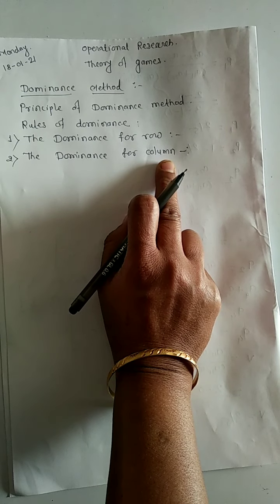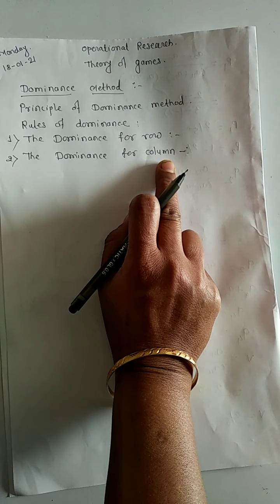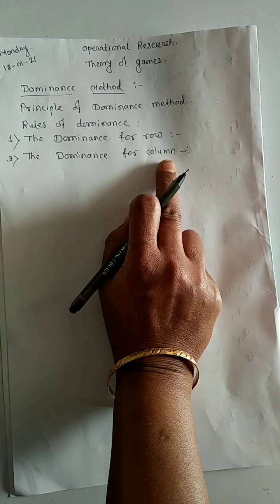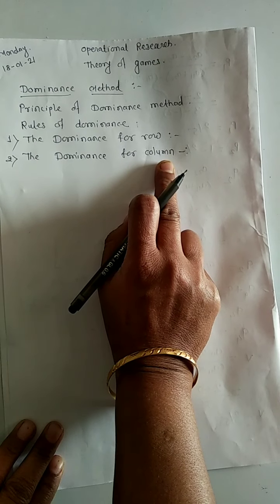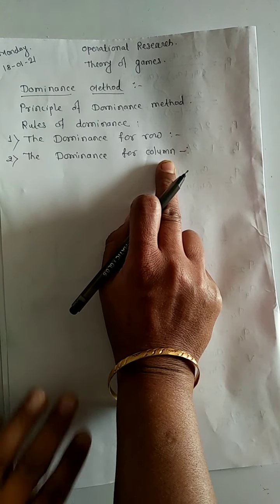It is dominated by the qth strategy. It means the column which contains greater elements, that column is deleted. Then we see the problem of dominance method.